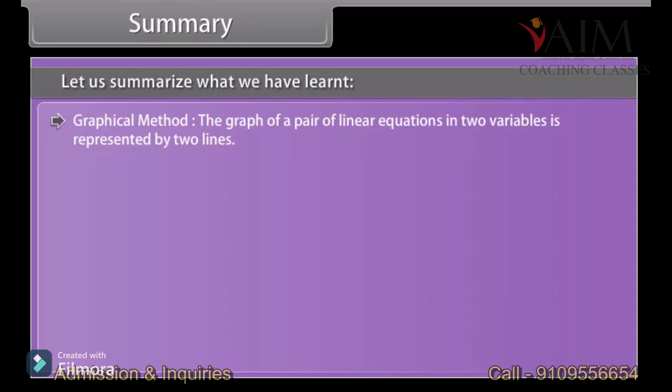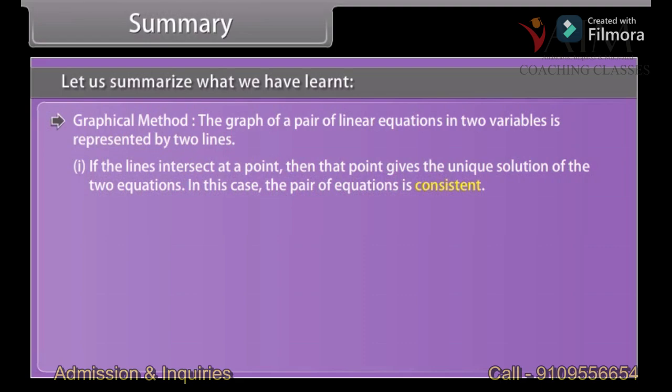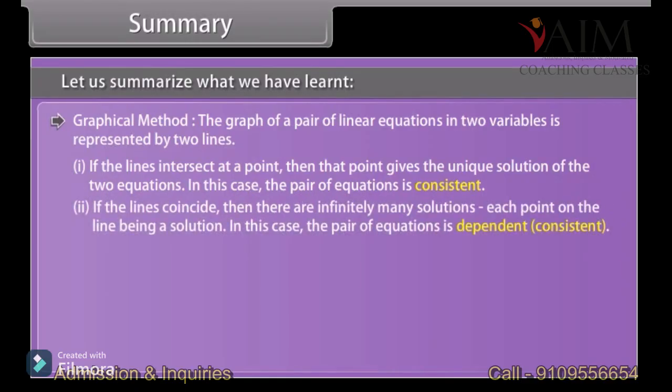The graph of a pair of linear equations in two variables is represented by two lines. 1. If the lines intersect at a point, then that point gives the unique solution of the two equations.